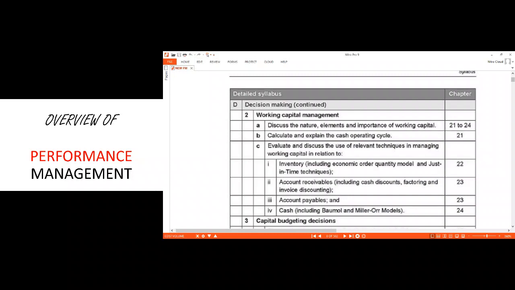We are going to evaluate and discuss the use of relevant techniques in managing working capital, and this is key for the survival of any organization. The inventory, the account receivable, account payable, and cash management will be looked at.